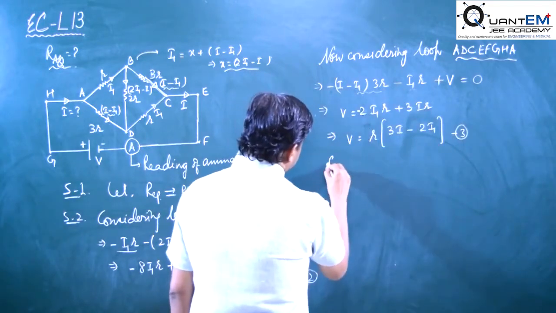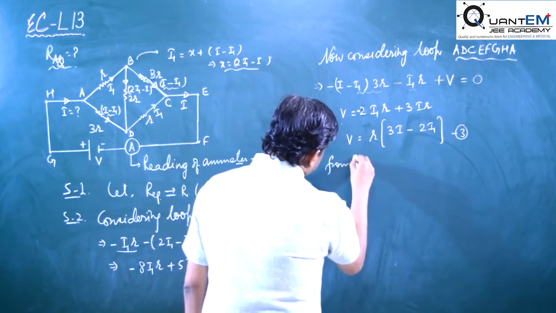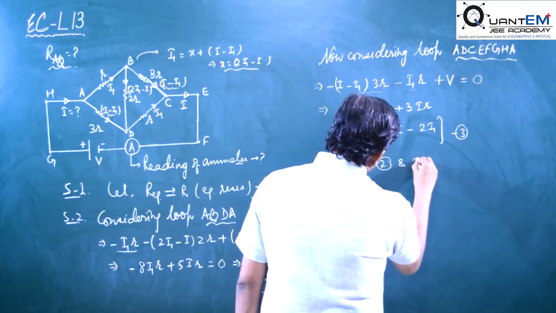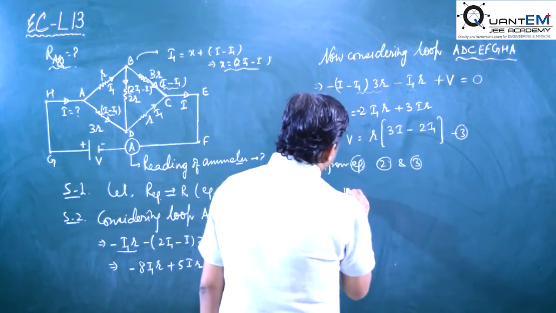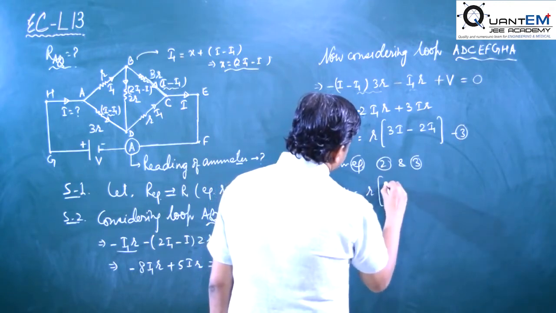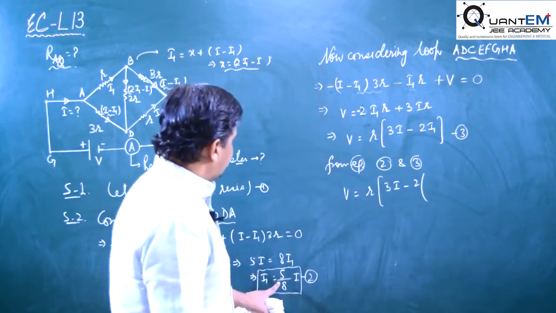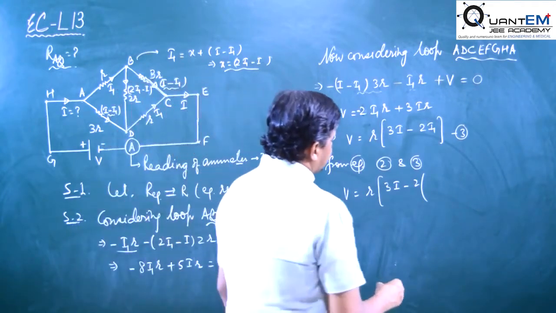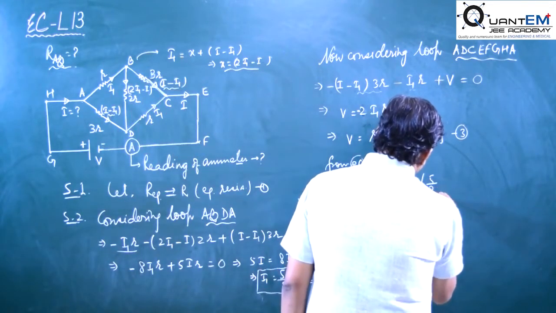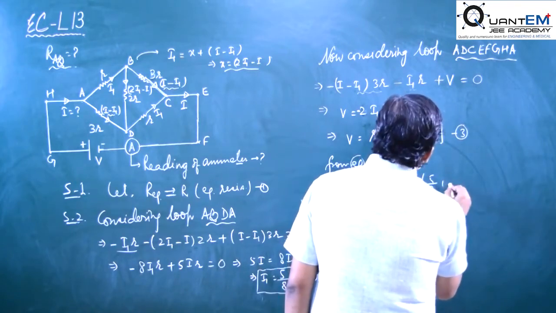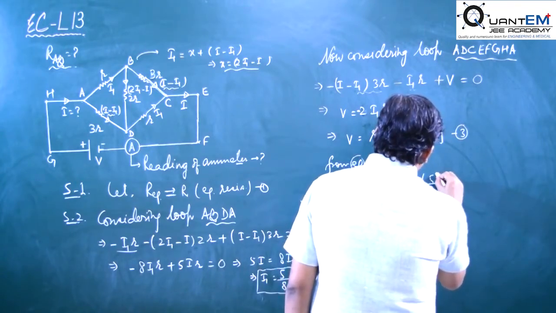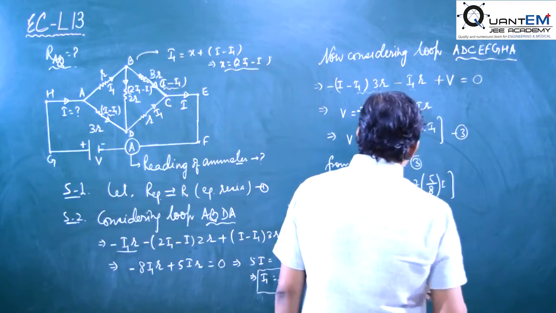Now from equation 2 and 3, what we get, V is equal to R, 3I minus 2, and in place of I1 we have to take 5 by 8 I. Okay, this result we have.